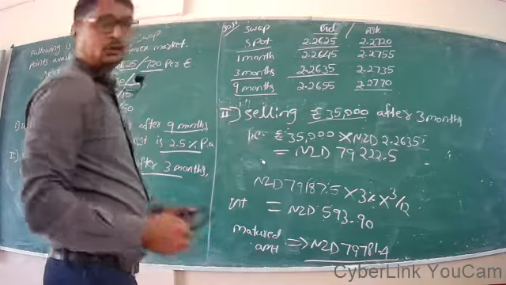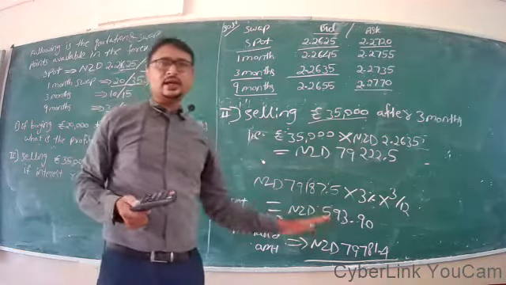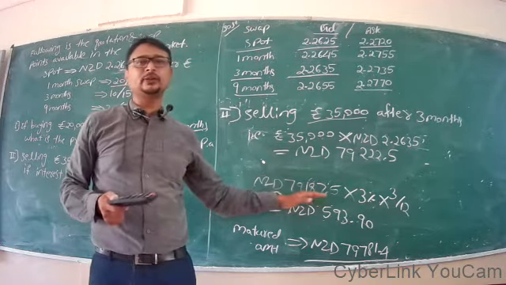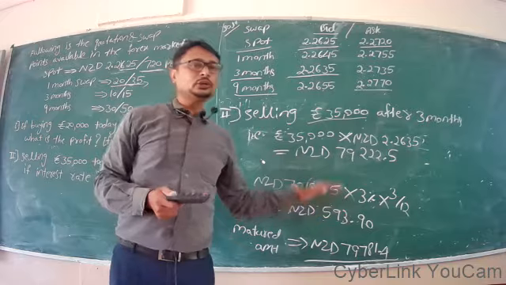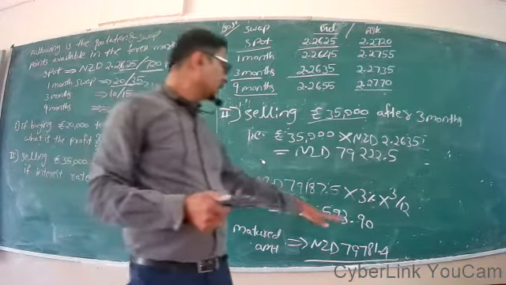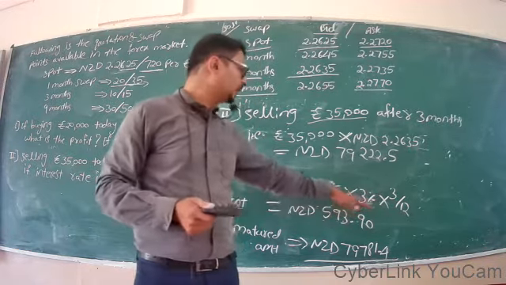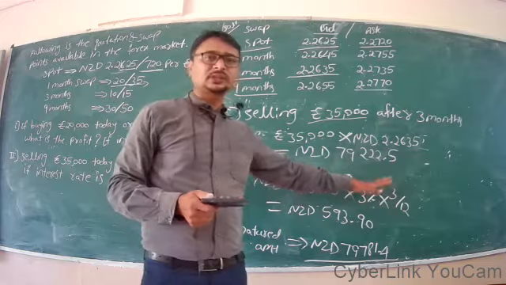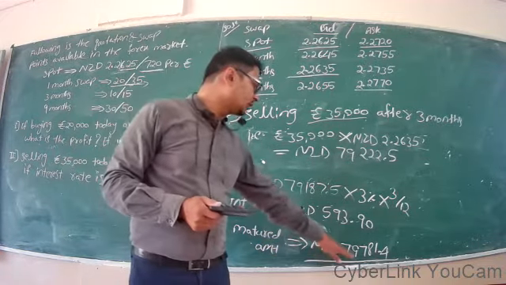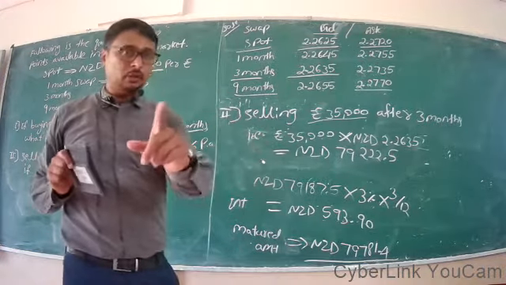So there are two scenarios you can see here. One is you sell it today itself and you get 79,187.5 New Zealand dollars, and you deposit the same amount in a bank in New Zealand and you get interest for 3 months of New Zealand dollar 593.90, that is 3% for 3 months, right? Then the matured amount you get is New Zealand dollar 79,781.4. This is one option you have.